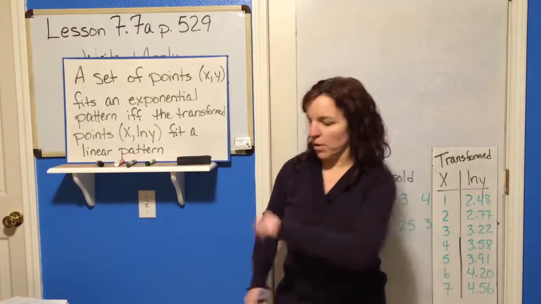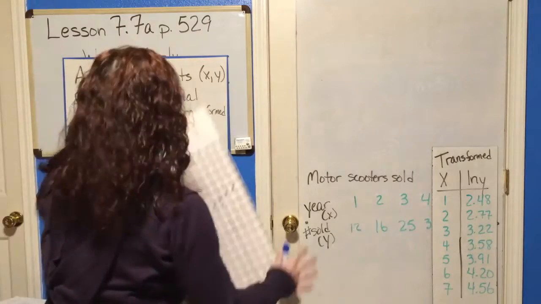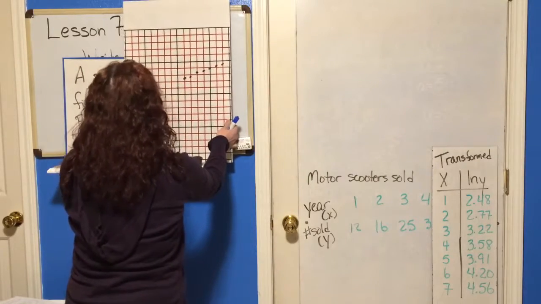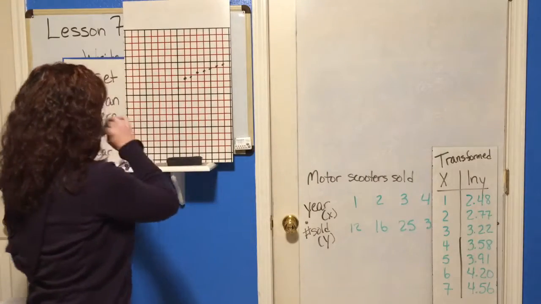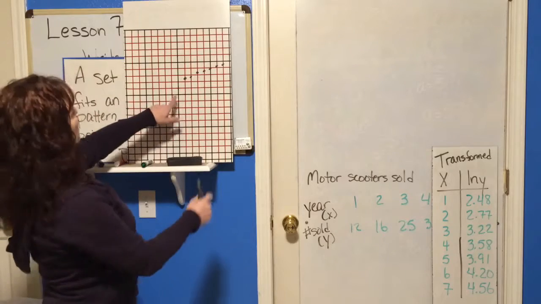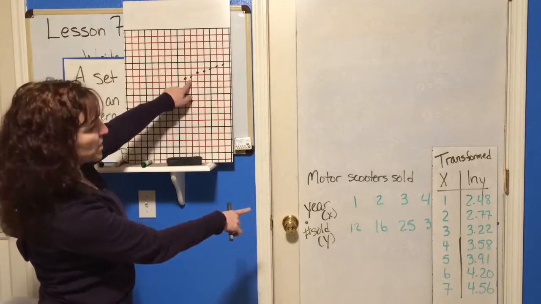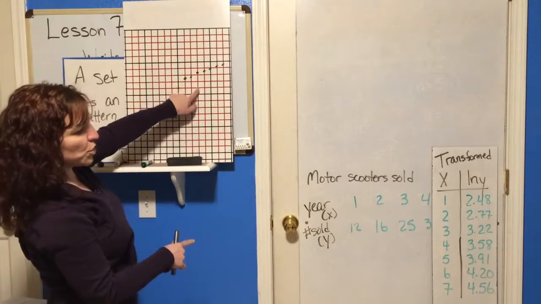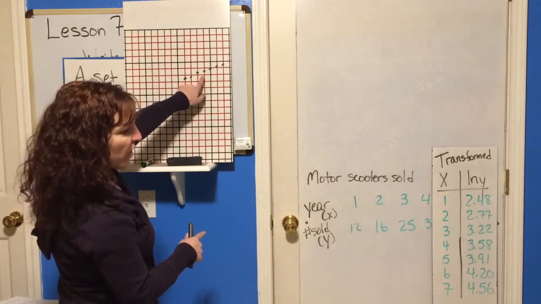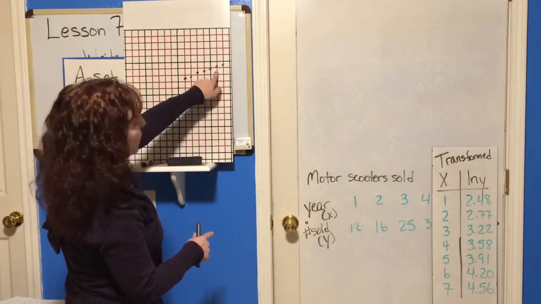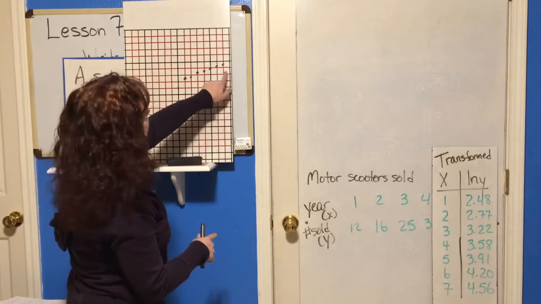All right, did you do it? Here we go, because I've already done it. Here's our points. There's the 1, 2.48, 2, 2.77, 3, 3.22, 4, 3.58, 5, 3.91, 6, 4.2, and 7, 4.56.